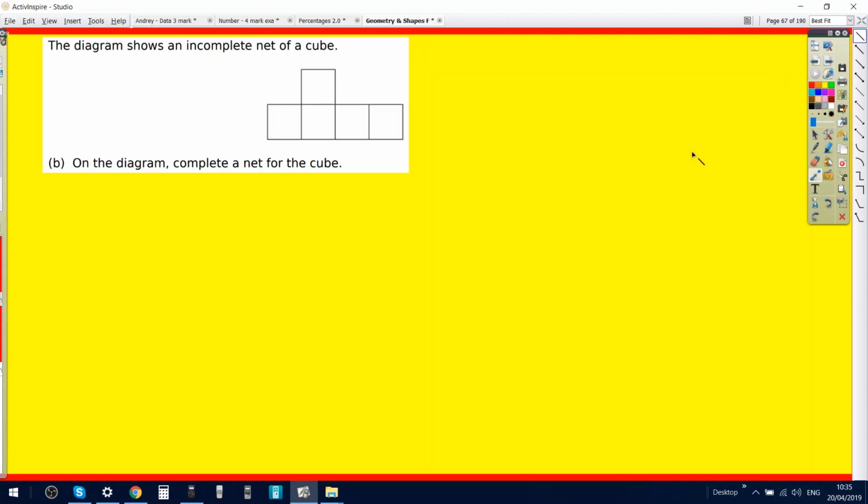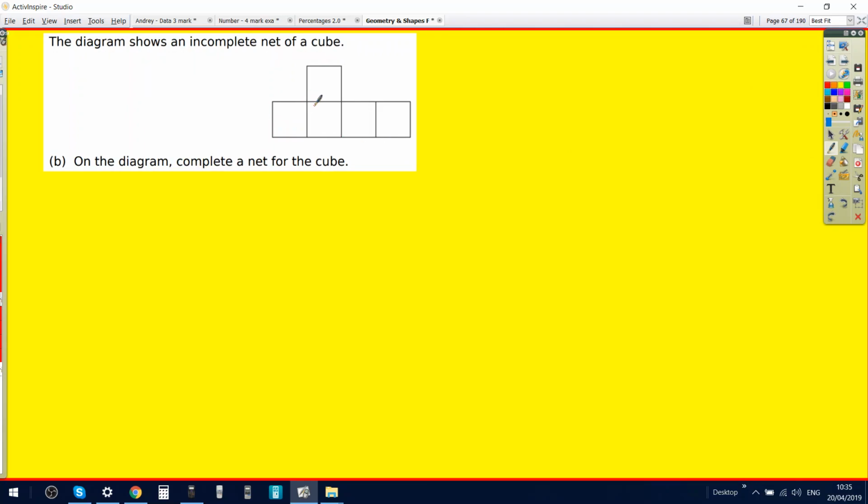Okay, how about this? The diagram shows an incomplete net of the cube. On the diagram, complete a net for the cube. No, I'm not sure. So they have to fold to make a cube. So let's say if this is the bottom, the base, then that would be the side.